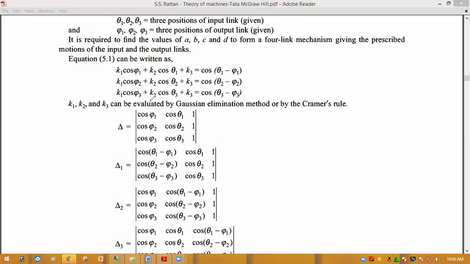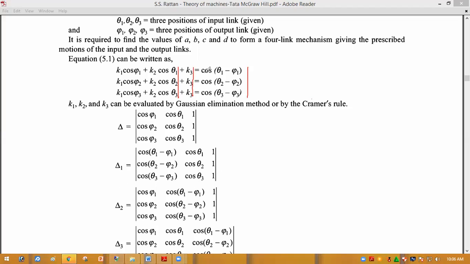Delta 1 will be the column cos theta minus phi 1 and cos theta 1, and the column 1 1 1, which means k3. So k3 k3 k3, this is 1 1 1, so this is delta 1.